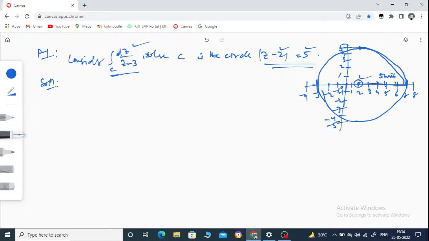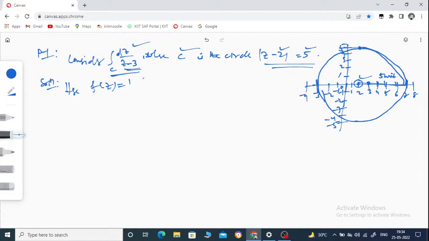Okay, so if we see the point, what is z naught? Here z naught is 3, and 3 is lying inside this curve C. So here f of z is 1, because we have f of z divided by z minus z naught, and f of z is 1. 1 is a constant function.